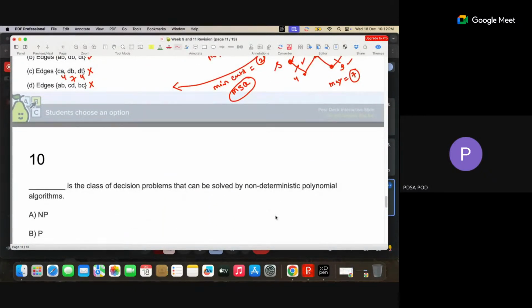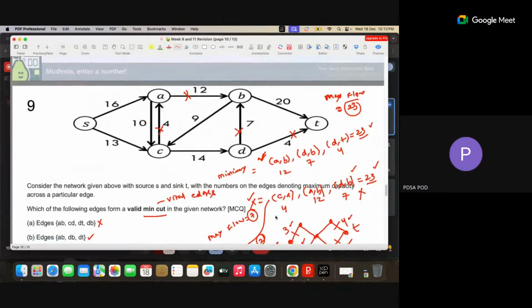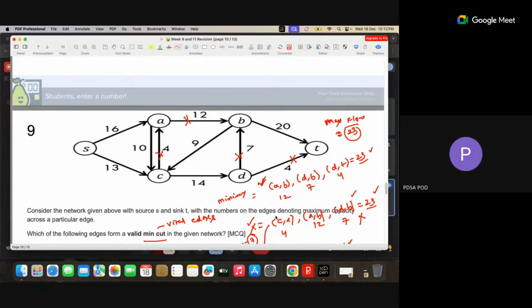Sir, in the previous question, he found max flow by inspection. Like we did not use the Ford-Fulkerson algorithm. No. See, in the Ford-Fulkerson algorithm, we use residual edges, we create a reverse graph. Every flow we try, we reverse the edges and then try to find it.